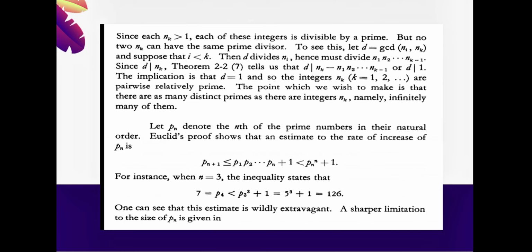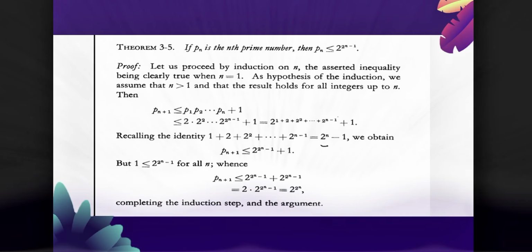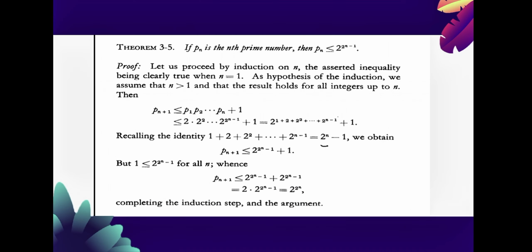For instance, when n equals 3, the inequality states that 7 equals p sub 4 is less than p sub 3 cubed plus 3, equal to 5 cubed plus 1 equals 126. One can see that this estimate is wildly extravagant. A sharper limitation to the size of p sub n is given in Theorem 3.5.